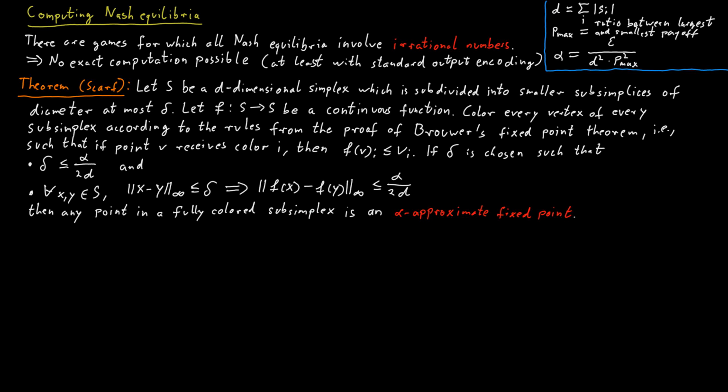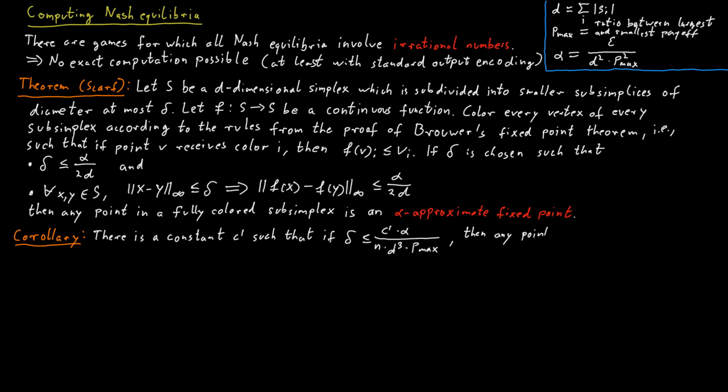So here's an important consequence of the theorem of Scarf. It's the following corollary, which states that there exists a constant C prime, such that if delta is less or equal to C prime times alpha divided by n times d cubed times p max, then any point in a fully colored subsimplex is an epsilon Nash equilibrium. This basically just gives us a specific value that delta should not exceed.